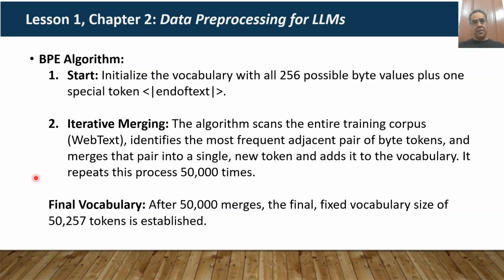For example, BPE looks at the text and sees that the byte for letter T and the byte for letter H appear together constantly. So it creates a new token that represents TH and adds it to the vocabulary.